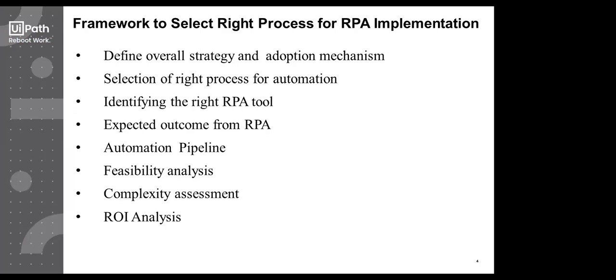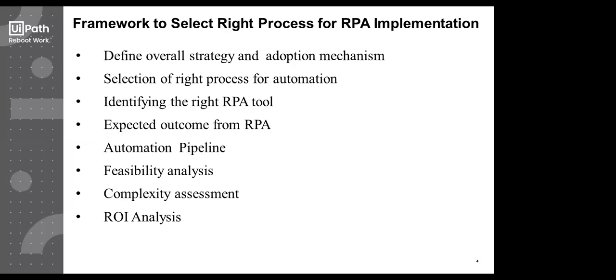So if I talk about the framework to select the right process for RPA implementation, you just can't pick up any process and start implementing it. That's not how RPA works. It's not that the client has given you a project and you put two, three developers on it and ask them to start developing.